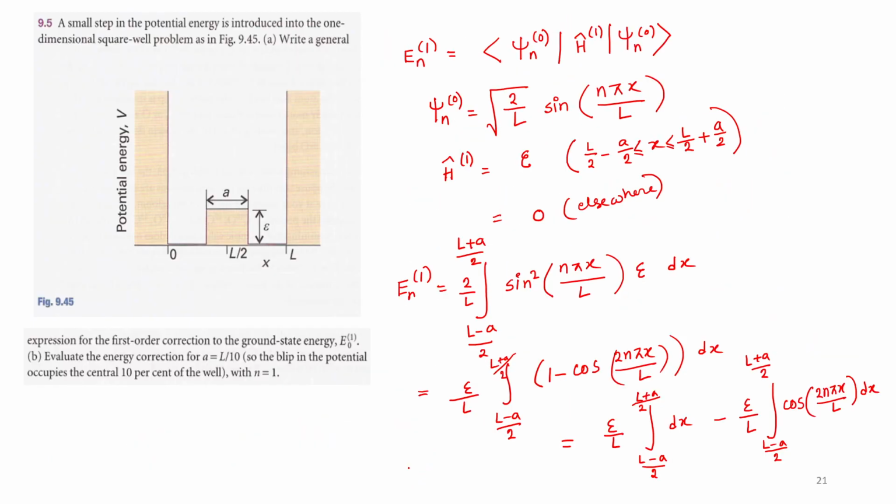And what else is given? The second question, evaluate the energy correction. Central 10%, so L by 10. A is equal to L by 10.